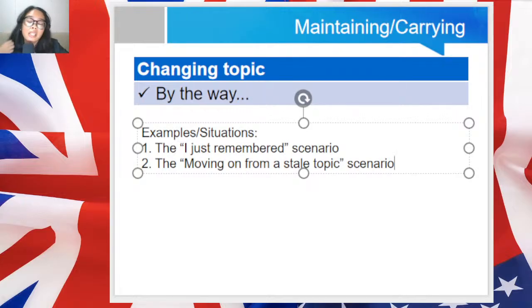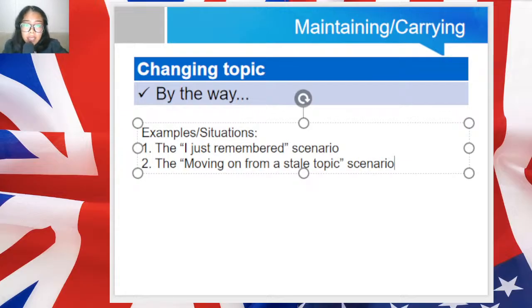Let's have an example. Let's say the situation here is that you and a classmate have been talking about a difficult exam that you had.